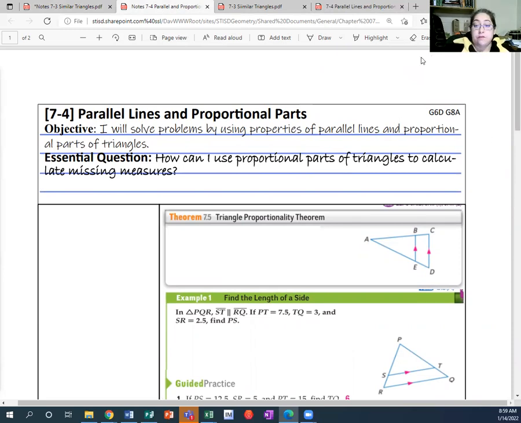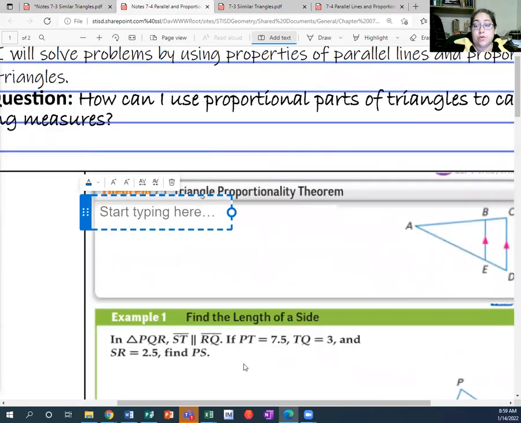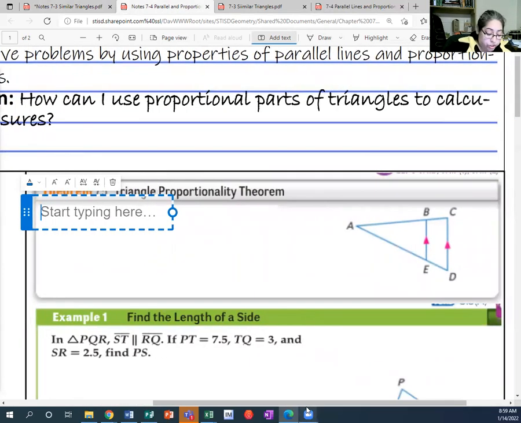Let's kick it off with our first theorem, which basically comes from the work that we did in that previous question.